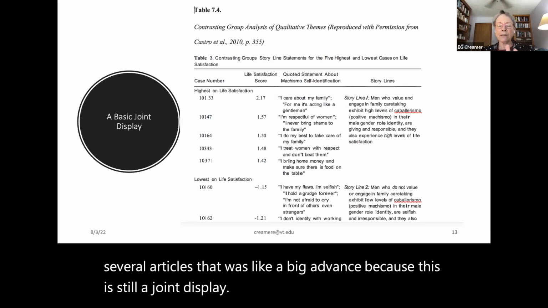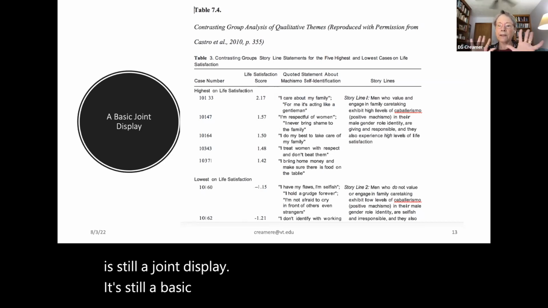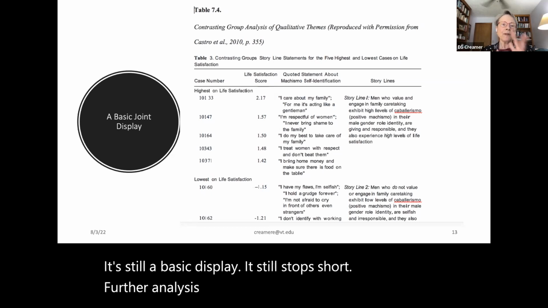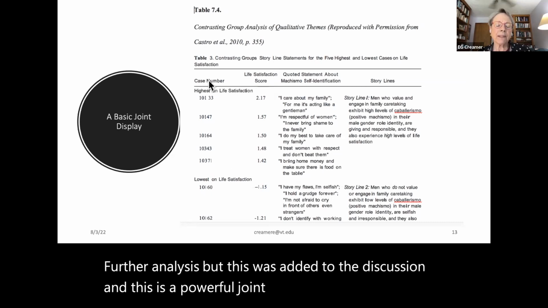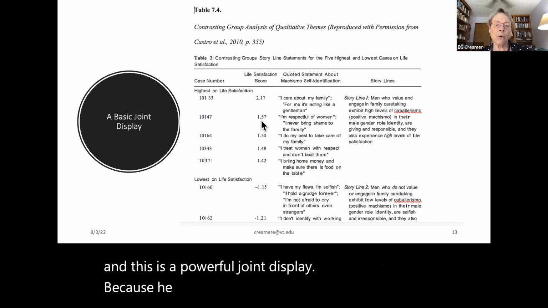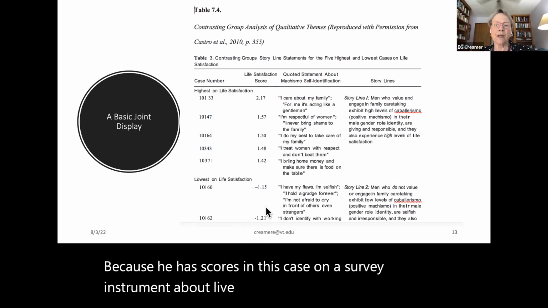It's still a basic display. It still stops short of further analysis, but this was added to the discussion, and this is a powerful joint display because he has scores in this case on a survey instrument about life satisfaction.